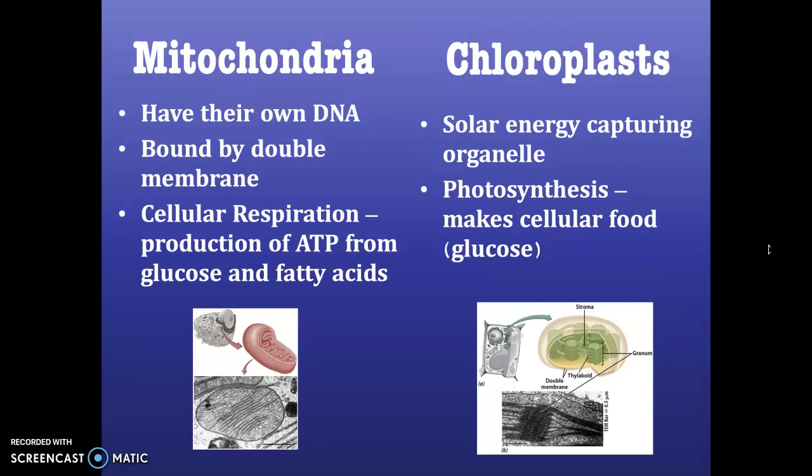What that can do is take the sunlight, carbon dioxide and water, and make food. Specifically, it makes glucose, that very important carbohydrate that we need for cellular respiration. Again, these are found only in plant cells, and that's what gives the leaves and stems of certain plants the green color that they appear.